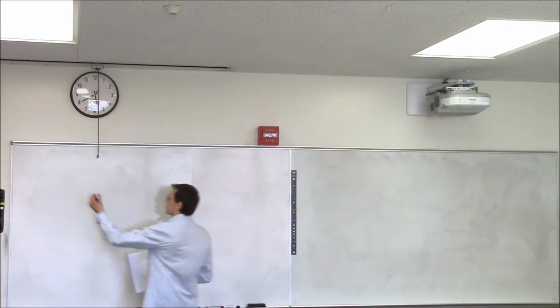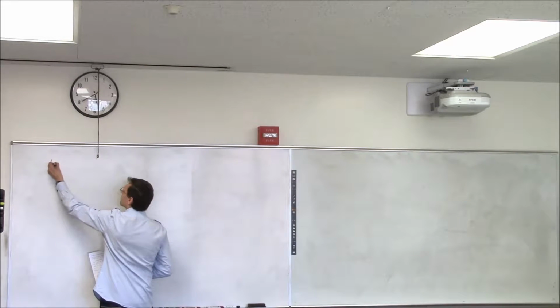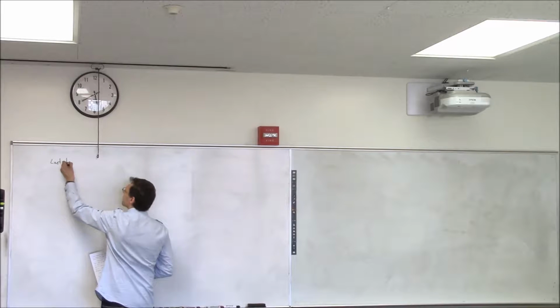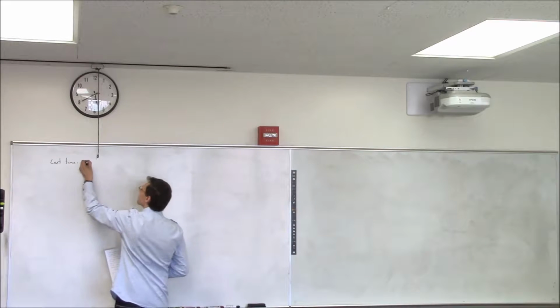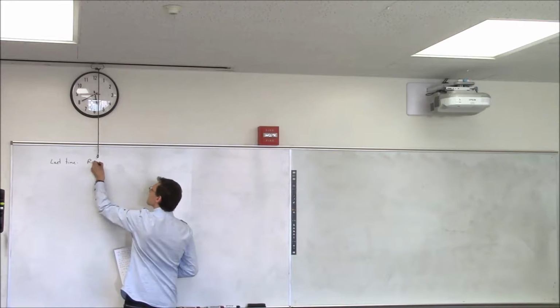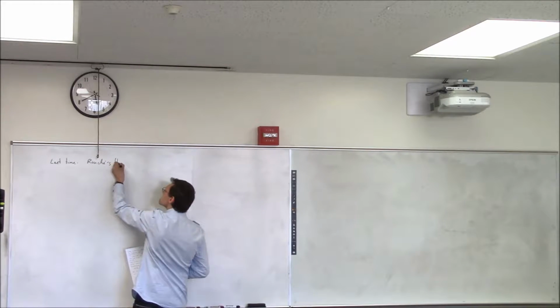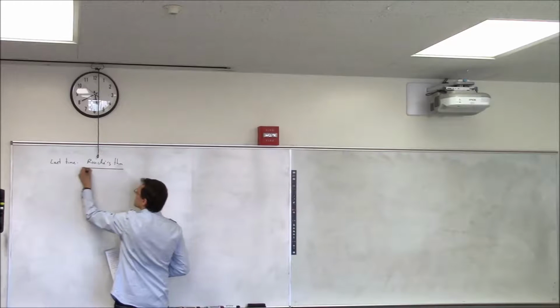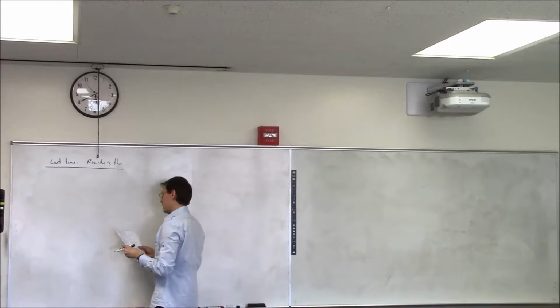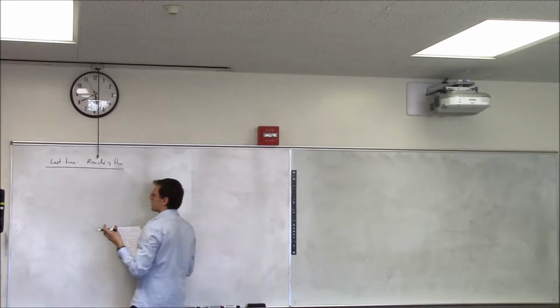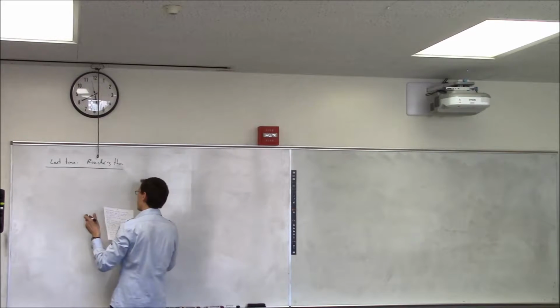Last time we showed Rouché's theorem. The idea is that you can perturb the function and still have the same number of zeros.